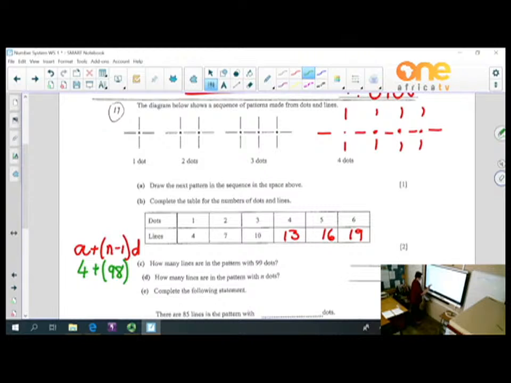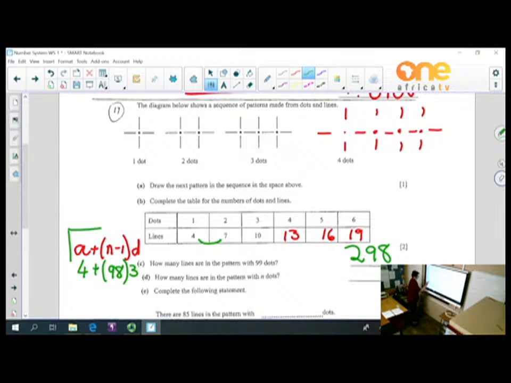And D stands for the common difference. So what is the difference every time here? 3. So if you substitute a 3 in there, and if we just do that calculation, I got 298. You see, that's much easier than sitting with trial and error on your calculator.